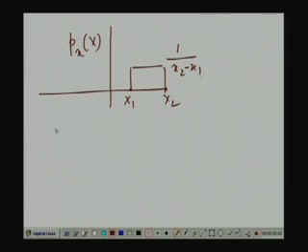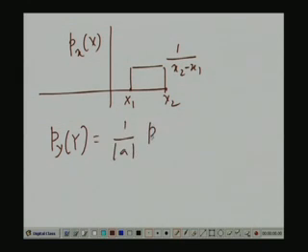In this case, p y y by that formula is 1 by mod a p x of y minus b by a. Since p x is uniform and this is just a constant, this is also uniform, and in what interval?